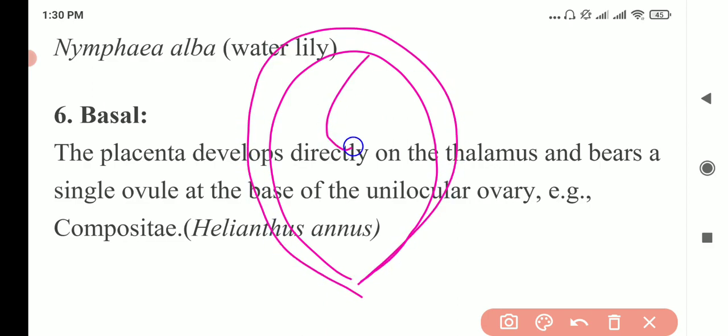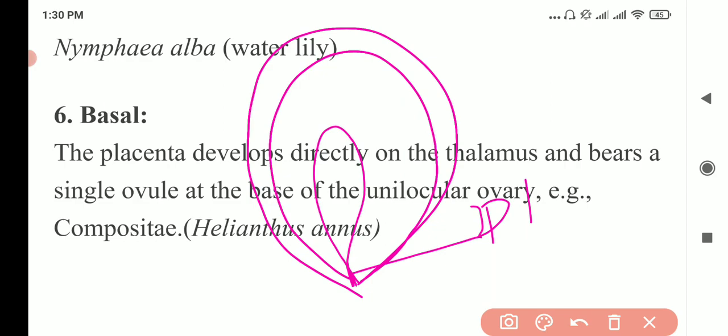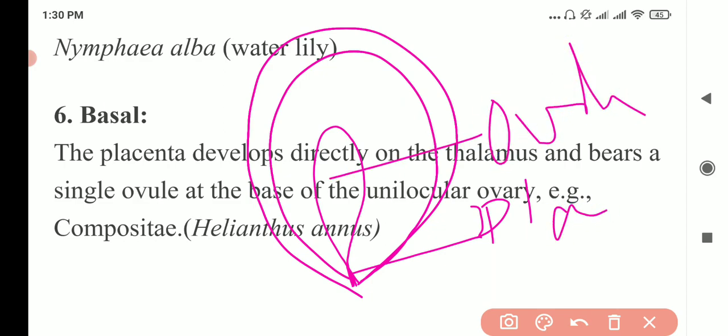You'll say at the bottom, at the base. So it has a placenta and an ovule attached at the base. How many chambers does your sunflower seed have? Only one chamber.